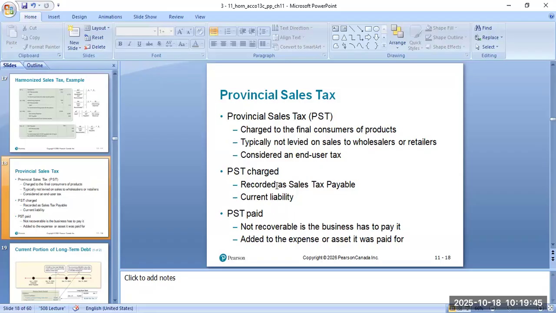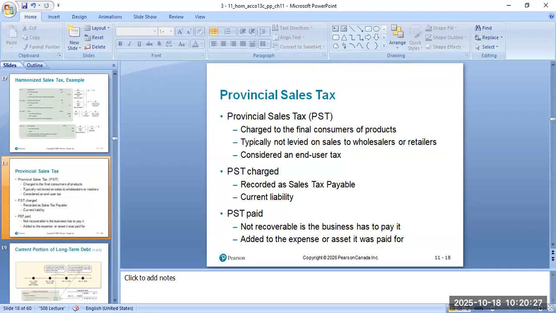One heads up is you can recover the PST only and only if you directly charge the PST for the exact same item. For example, if my business is a retailer which purchases computers with PST and I'm selling the computers with PST, I will be able to offset the PST payable and the PST recoverable.